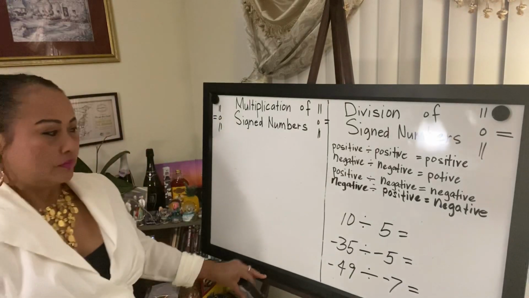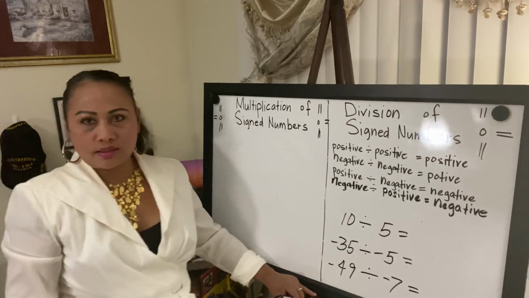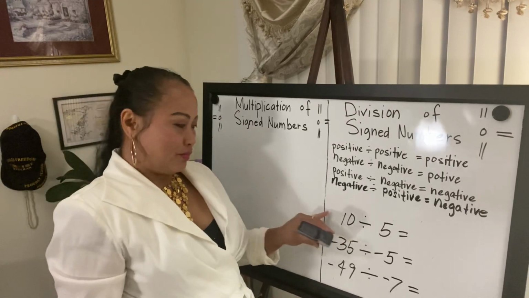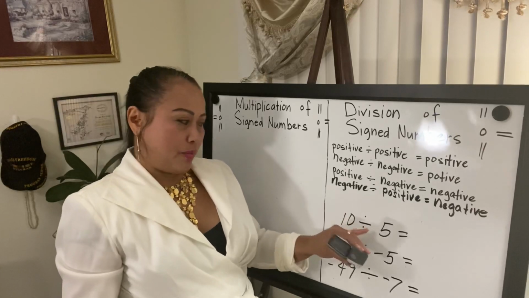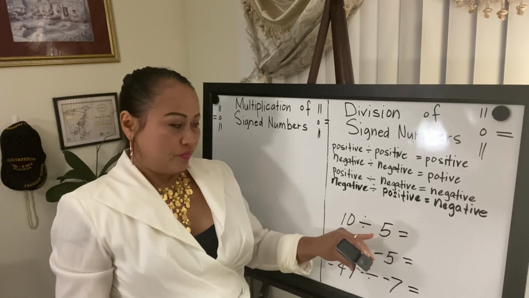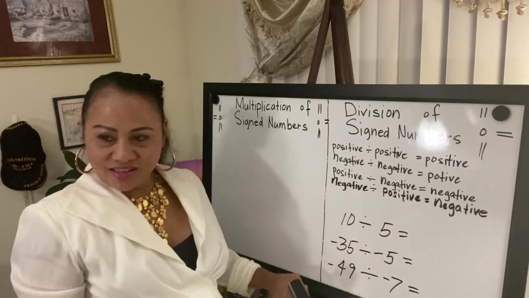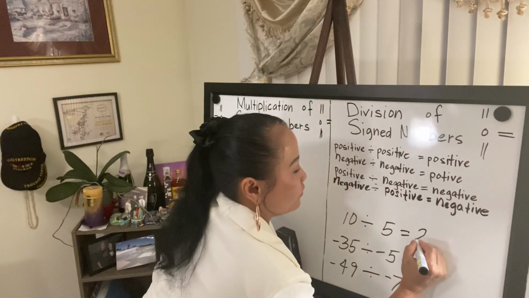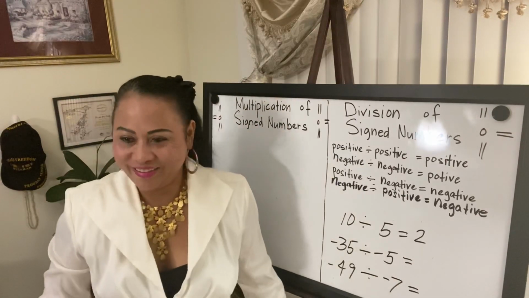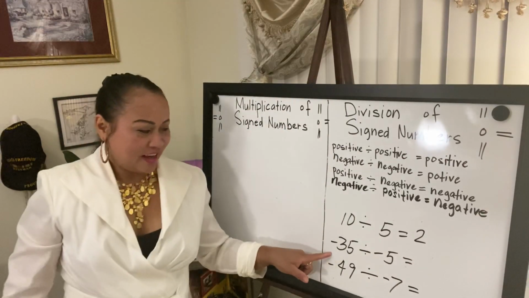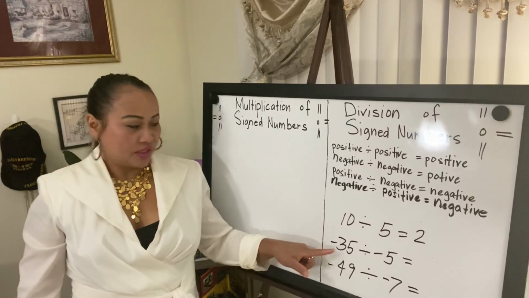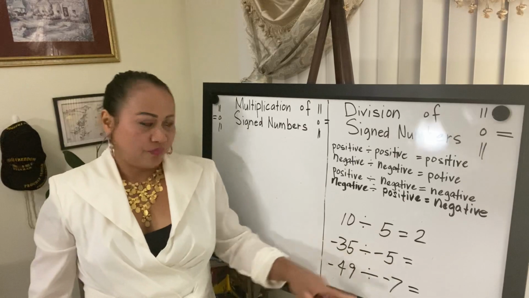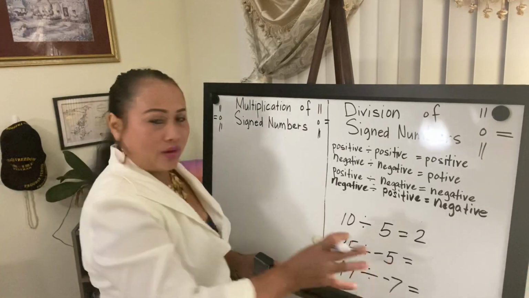Okay, let's answer this exercise. Positive 10 divided by positive 5. The answer is 2. That's correct. That's right. Next, negative 35 divided by negative 5 equals, what's the answer?